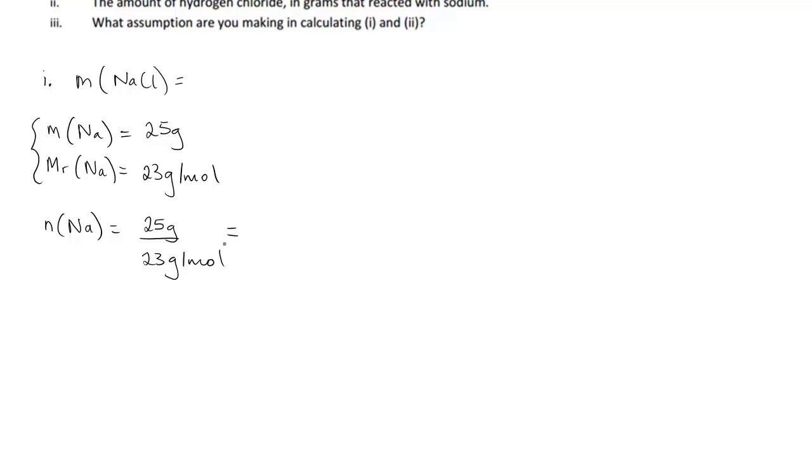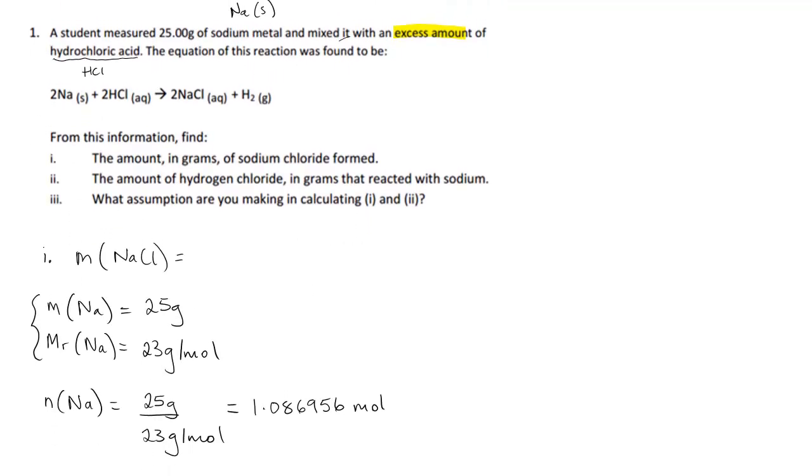So 25 divided by 23, we end up obtaining 1.08696. I'm just using an accurate answer. I'll leave that answer in my calculator and then use the more specific decimal in the continuation of this calculation.